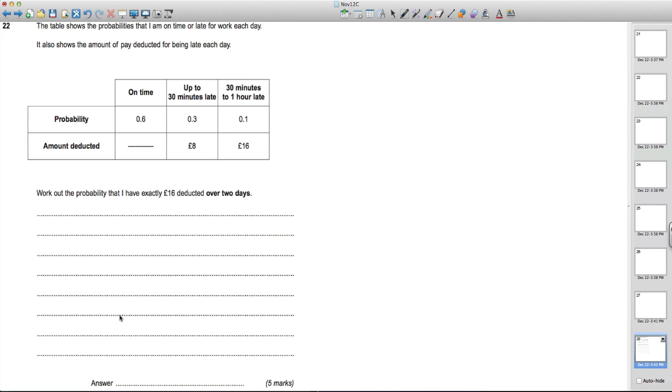Next question. The table shows the probabilities that I am on time or late for work each day. It also shows the amount of pay deducted for being late each day. Work out the probability that I have £16 deducted over 2 days.